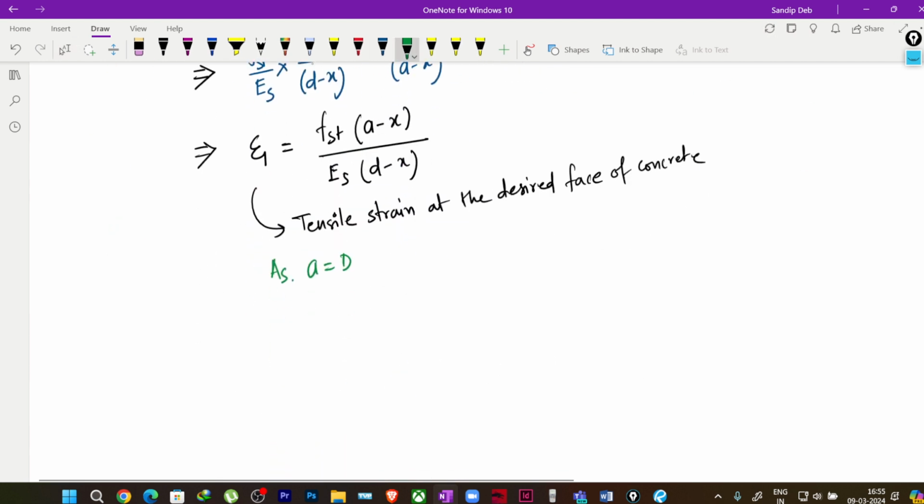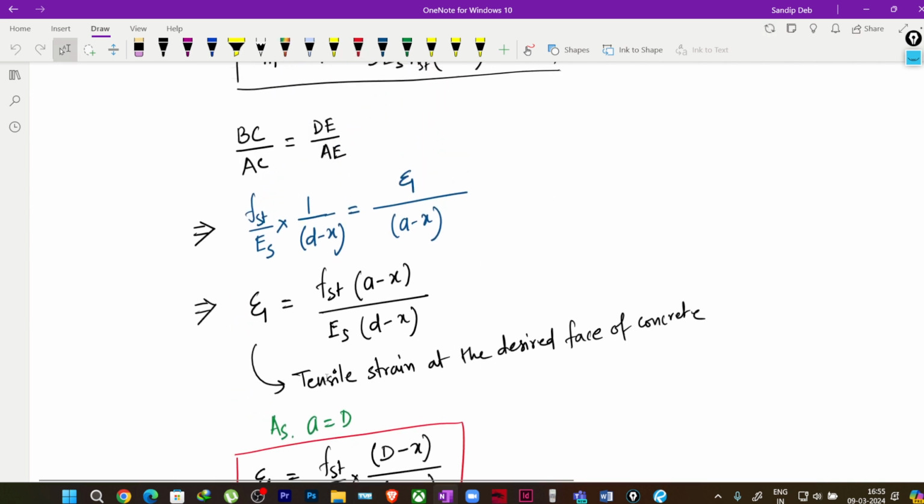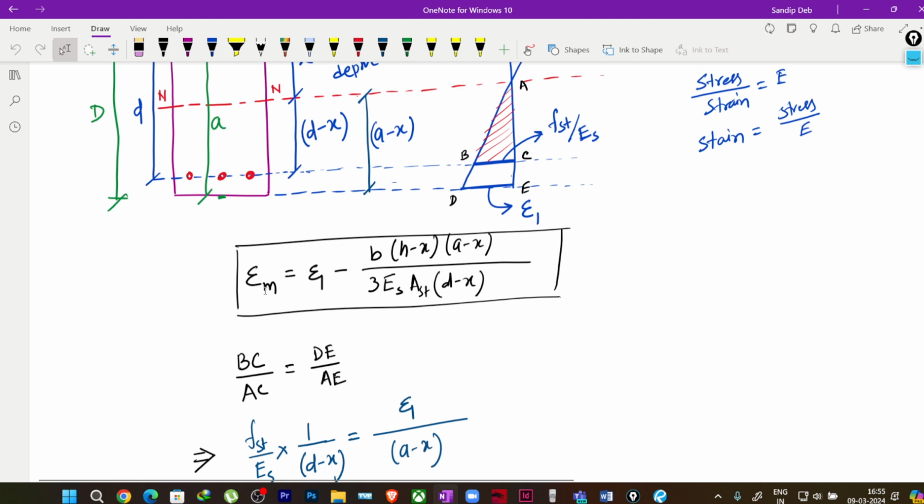So we can rewrite the formula in this way, that epsilon 1 equal to fst by es multiplied by d minus x. We are replacing a with d, multiplied by small d minus x, correct? So we got this fst by es, d minus x by small d minus x. So we got this epsilon 1, which is required to find out this epsilon m.